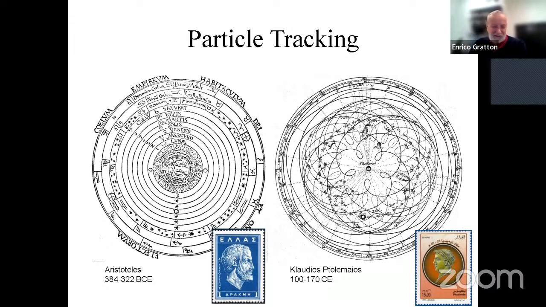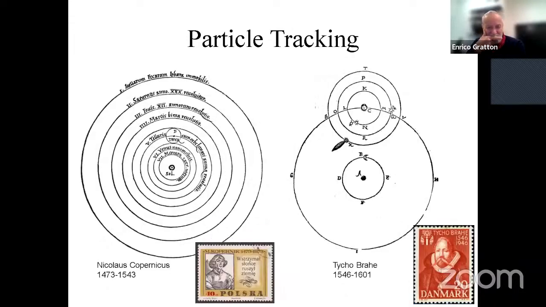And of course, can you get the next slide? When you put the sun in the middle, everything becomes much easier to describe. You can see in those two pictures that the sun is in the middle, and the earth is orbiting around the sun.